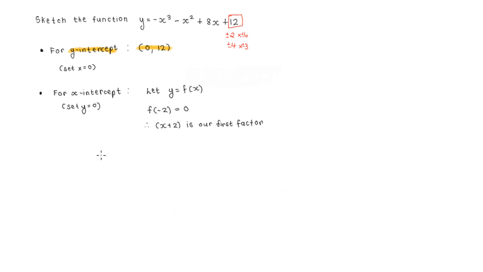You know that with synthetic division, you draw yourself the division sign, but it is upside down. On the left hand side, you write down your first factor, which in our case is minus 2. Then at the top, we fill in all the coefficients of our original cubic function.